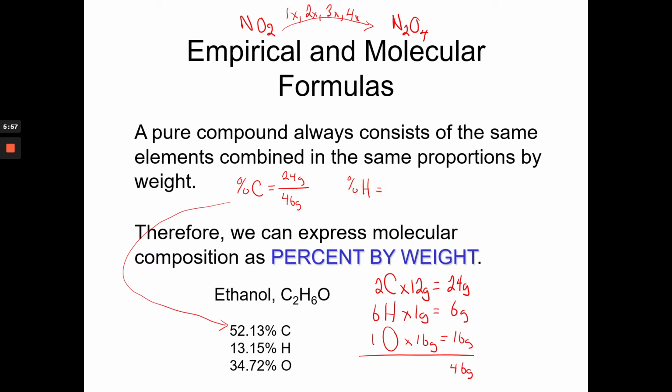It's equal to the amount that's hydrogen, 6 grams, divided by the whole, 46 grams, times 100, and that would come out to be 13.15%. And finally, if I simply took 100 and subtracted the first 2 percentages, I would figure out the last percent, that amount which is oxygen.